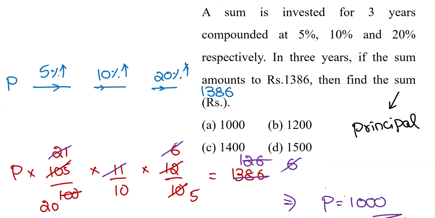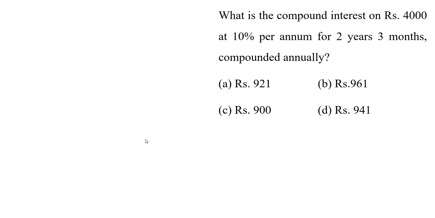Principal value is nothing but 1000. A similar approach like the population concept in percentages, we should apply for simple interest and compound interest as well. Right. Okay. Now let's see the next one.